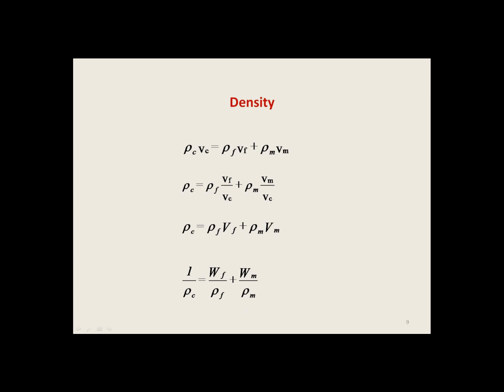And finally, the density of composite in terms of mass fractions can be found with the following formula: 1 over rho c equals capital Wf divided by rho f plus capital Wm divided by rho m. This formula we can use in order to calculate the density of the overall composite.